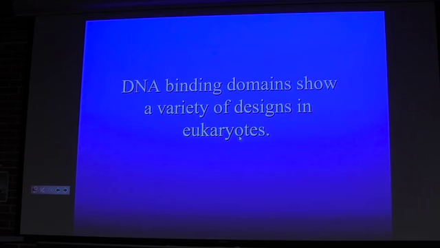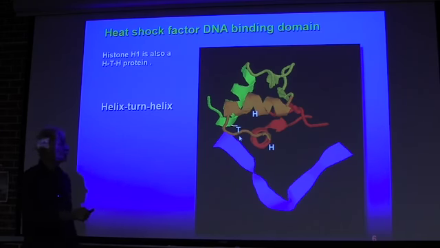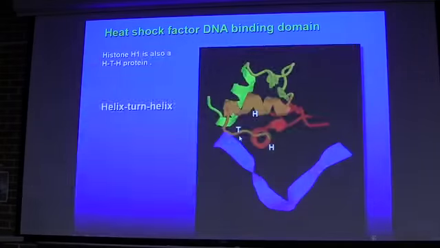Okay, DNA binding domains. This is where it should have started. And we should have started with the very basic one here, the helix turn helix. This is the one that goes all the way back to eubacteria. It sounds like it should be 2 helices, but it's really 3 helices.